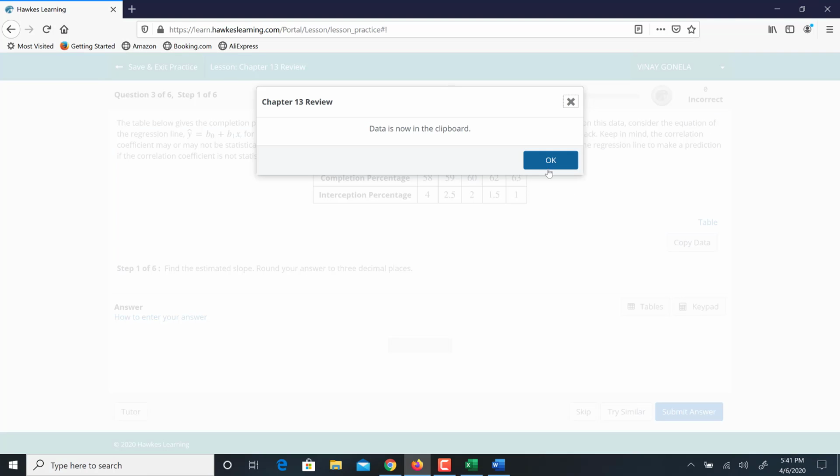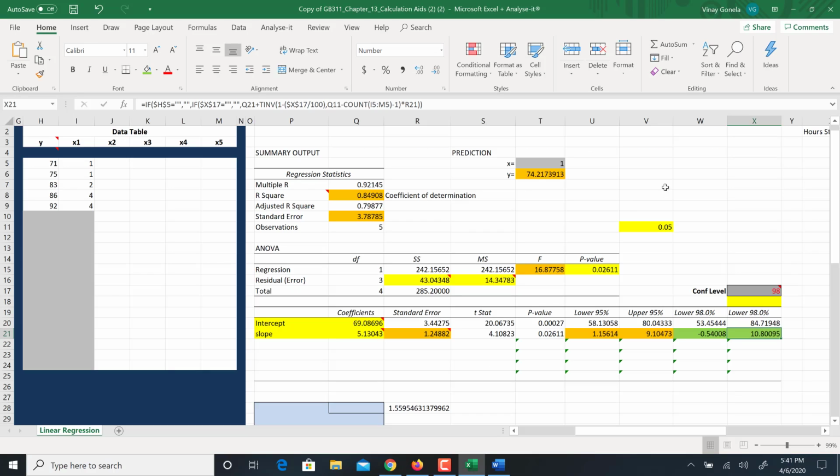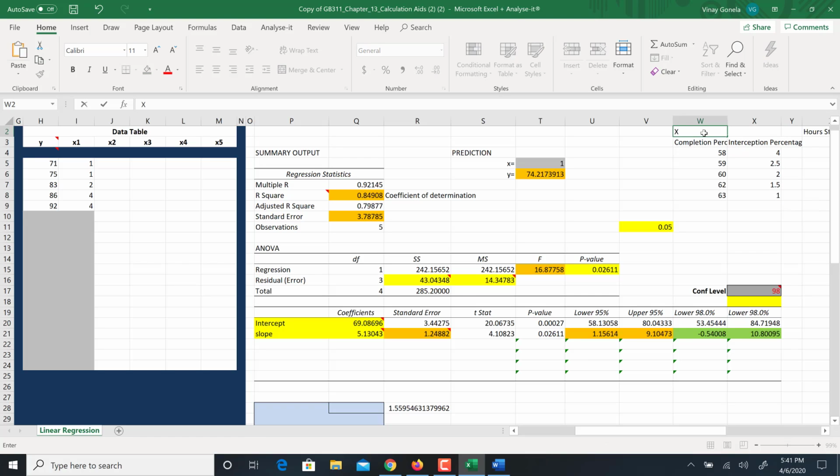I will copy this data and paste it somewhere here. So the completion percentage is our x and interception is our y. Let me cross-check if that is true.